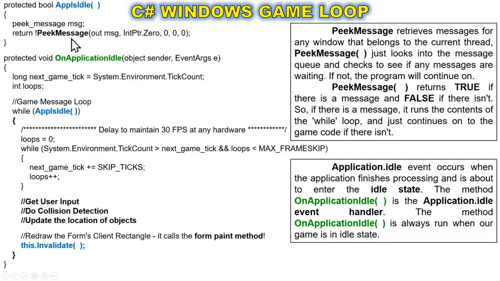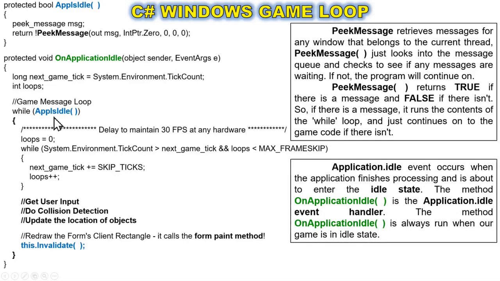The method PeekMessage returns true if there is a message and false if there is no message. So if there is a message, it runs the contents of the while loop, and it just continues on to the game code if there is none.